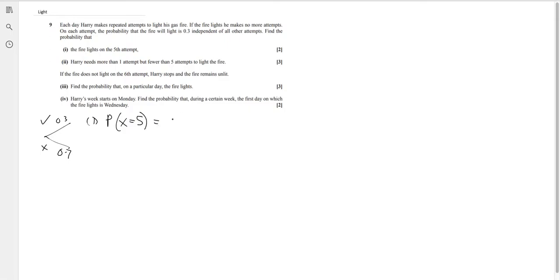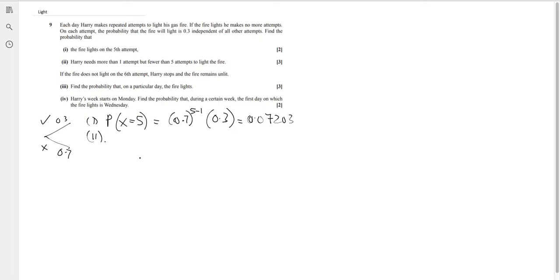That's quite straightforward. It should be 0.7 to the power of 5 minus 1, times 0.3. Use your calculator and you should get your answer as 0.07203.